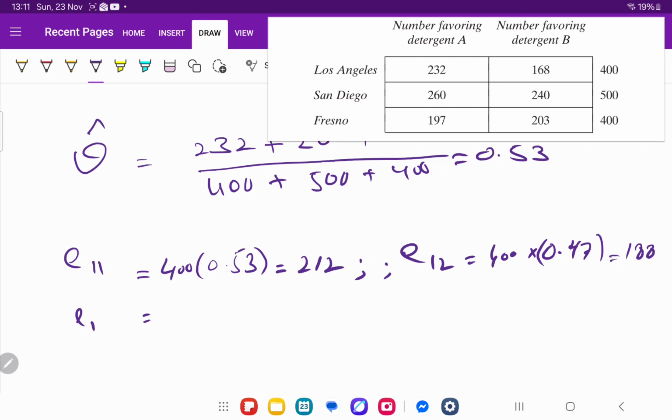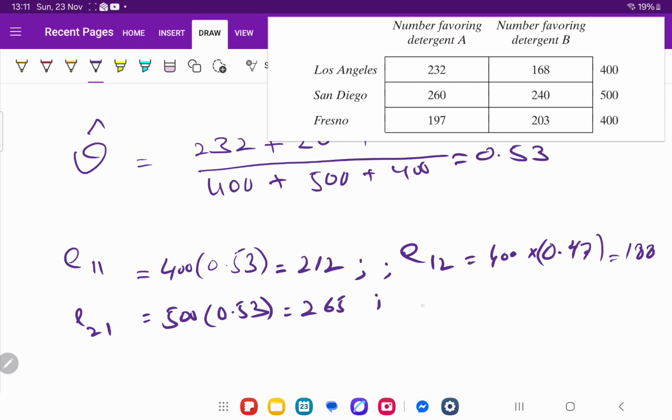Okay, and then we will be calculating for 260. For 260 it is row 2 and column 1, called 2-1, and the sum is 500 multiplied by 0.53, which is 265.